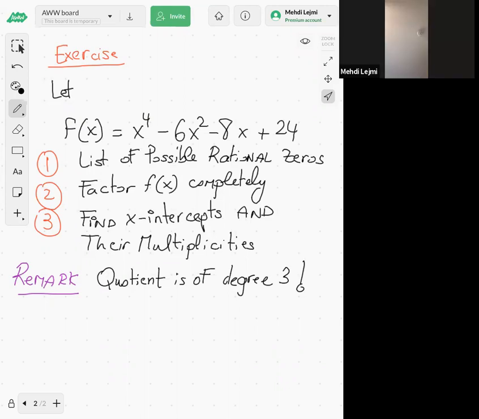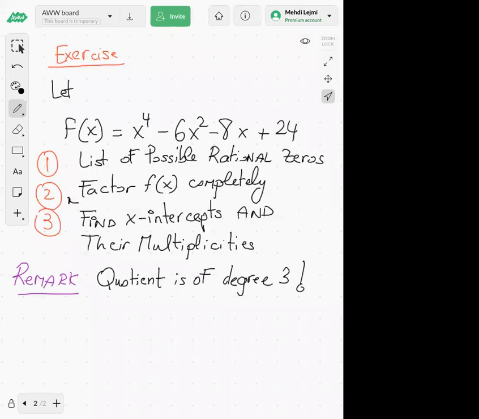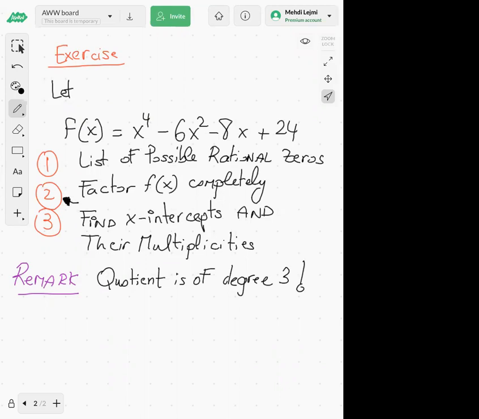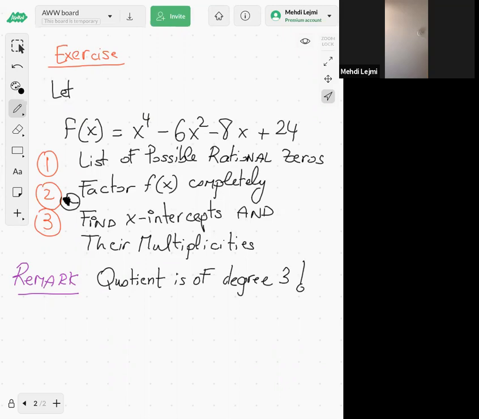I don't really understand your question. So this is in question number 2, when you factor f of x completely. You said 2 is the solution, right? Yes. So you divided f of x by x minus 2.